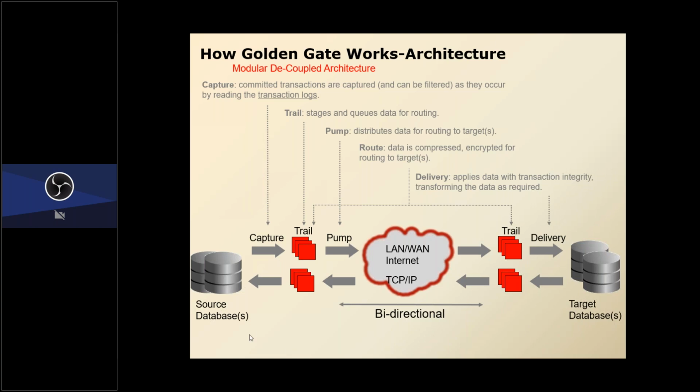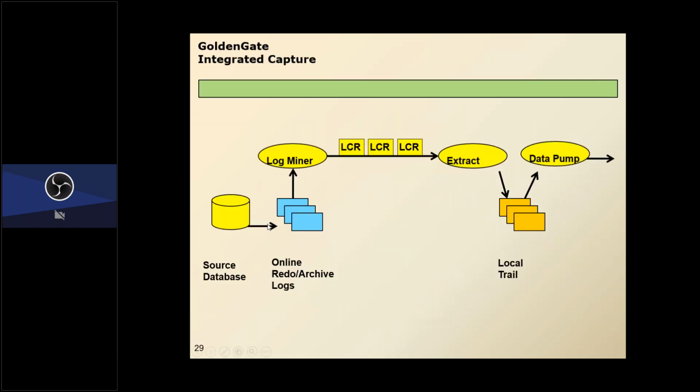Now the thing is, the capture process has to read your transaction logs in a sequential manner, and then it captures the data. However, here LogMiner has all the changes, and whatever changes are needed by the extract process, LogMiner is passing on those changes to the extract process.